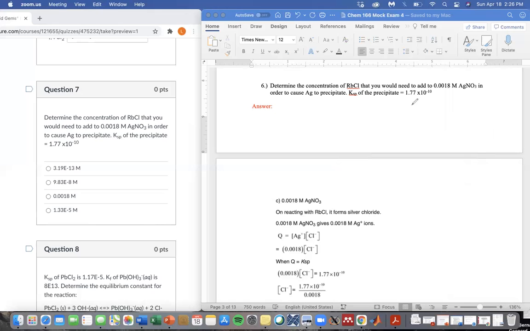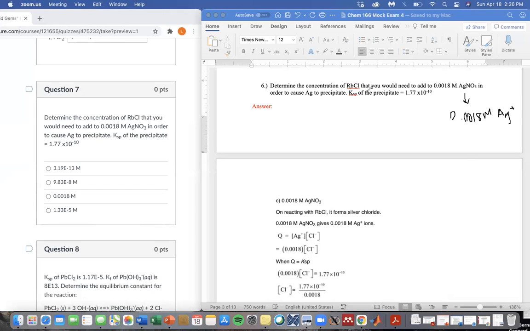You have a solution that already has AgNO3, which is soluble. Because there's only 1 mole of Ag in every 1 mole of AgNO3, you're just going to produce 0.0018 molar Ag plus.